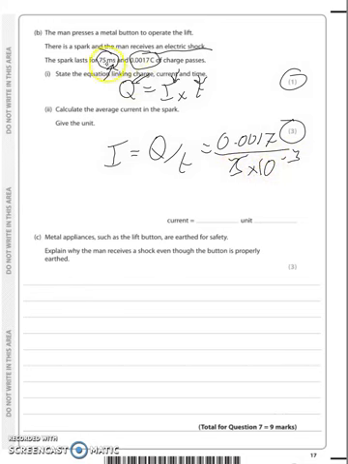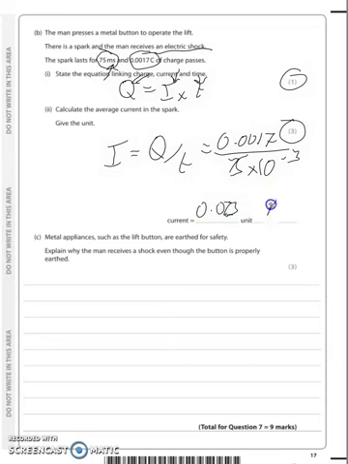I could have also divided this, because milli means 1,000th. So a millimeter is 1,000th of a meter. A milligram is 1,000th of a gram. So this is 1/100th of a second. So I could either convert it before, or I can just use scientific notation and put times 10 to the minus 3.